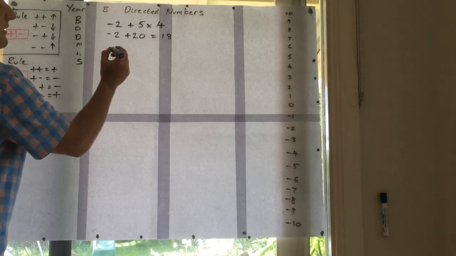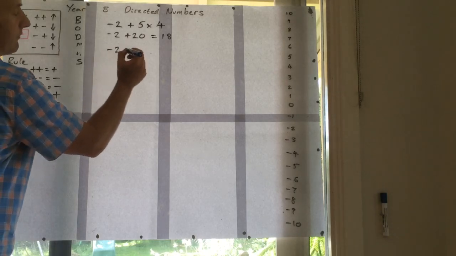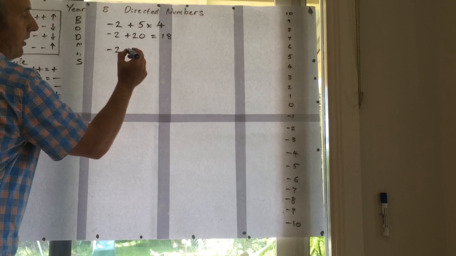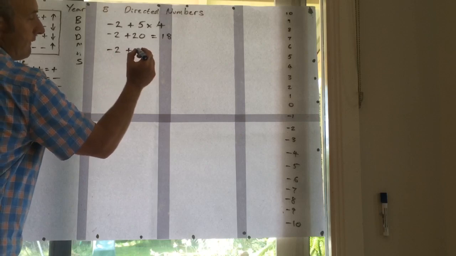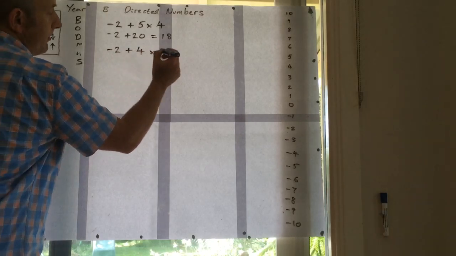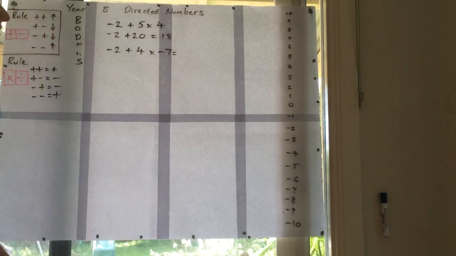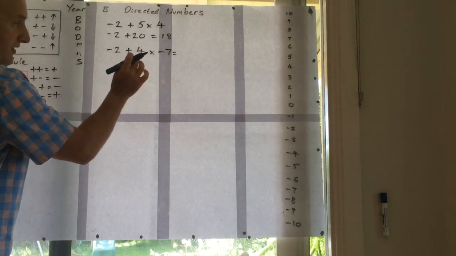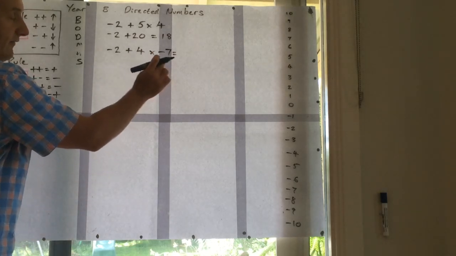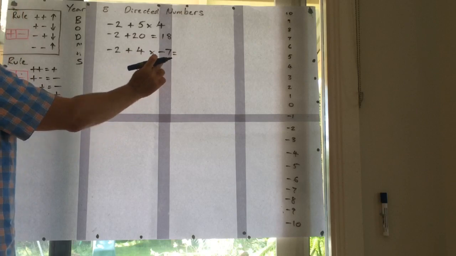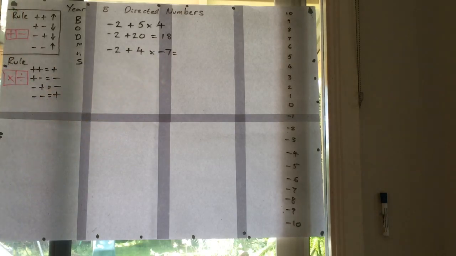Let's try this. -2 plus 4 multiplied by -7. First of all, we do positive 4 multiplied by -7. A positive multiplied by a negative is negative.